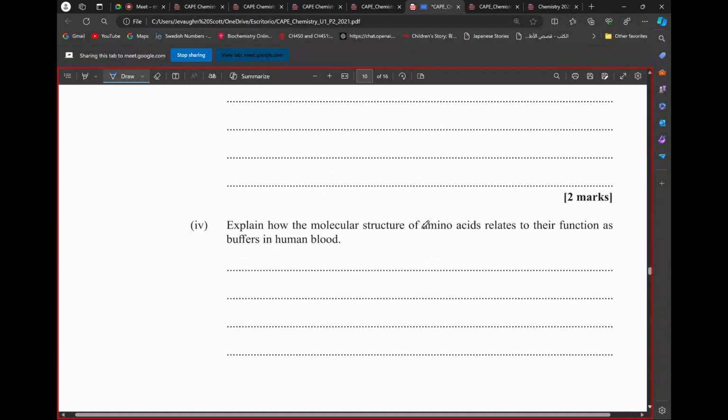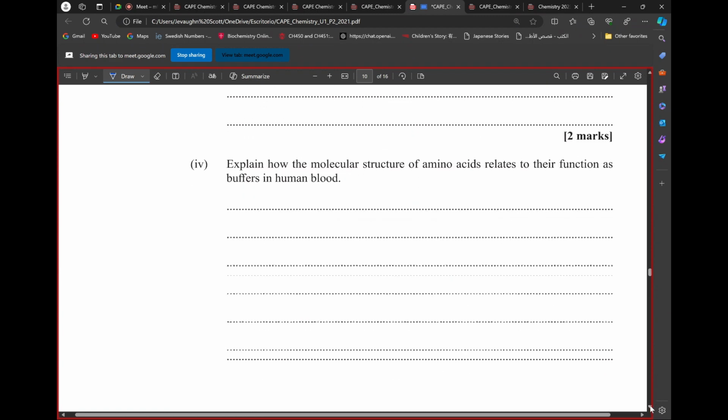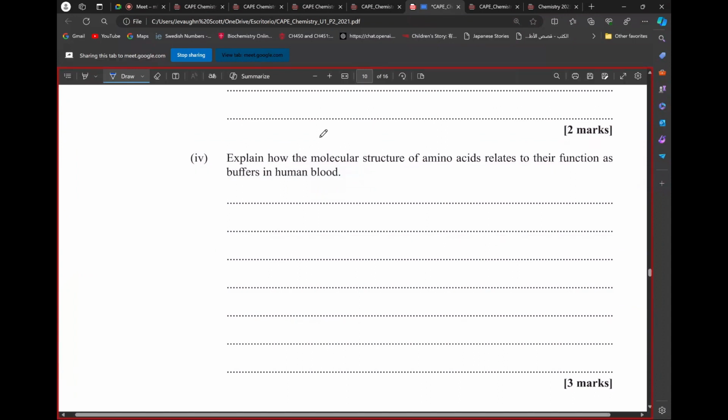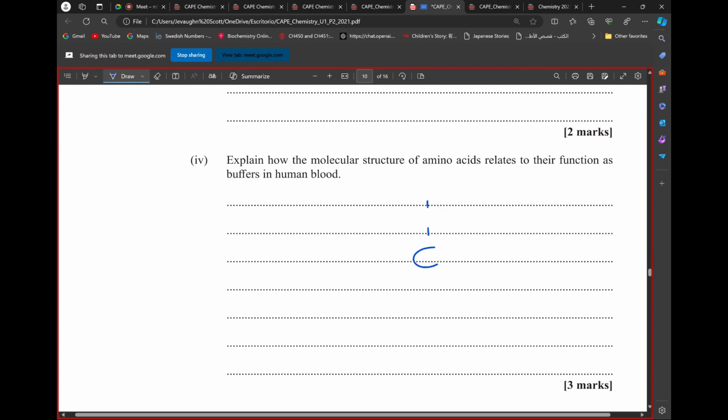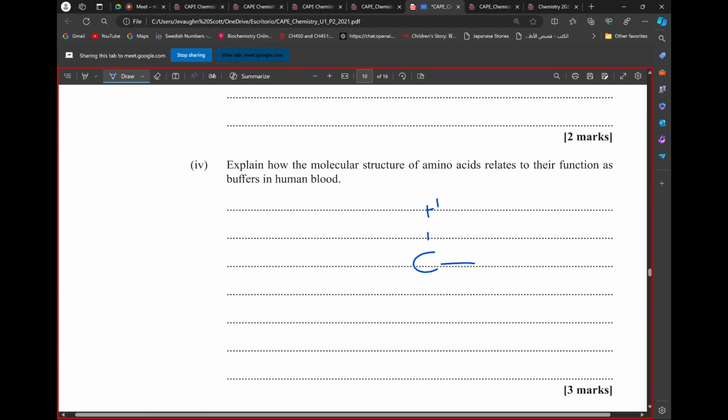Okay? And explain how the molecular structure of amino acids relates to their function as buffers in the human body. How would we do that? So we know that amino acids specifically have different groups on them.